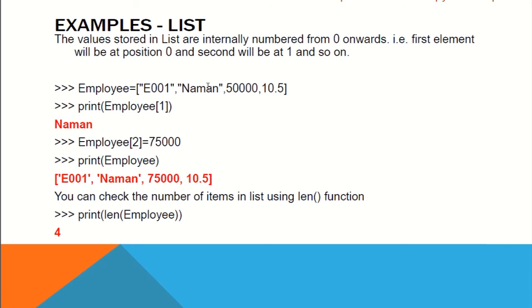Next, employee 2 equal to 75,000 means 50,000 has been replaced with 75,000, and when you print the new employee data, then 50,000 will be replaced with 75,000. And you can have the length of employee as well, so length will be 1 2 3 4, so 4 values are stored in this list.